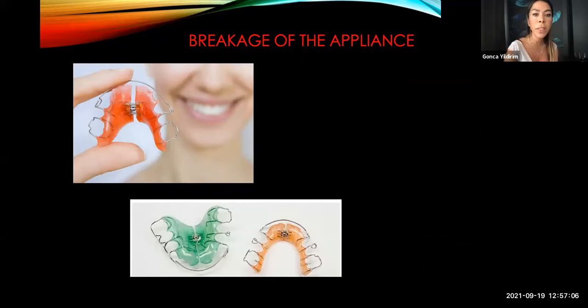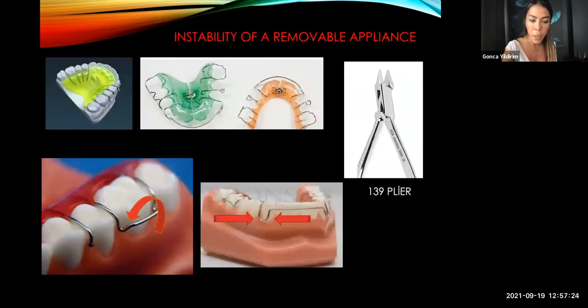And if we see a breakage of the appliance, the patient should not do anything. They may try to use glues to fix the appliance, but they should not. Just stop using the appliance. If the appliance is broken, then go to your orthodontist, we should say. And if we see an instability of a removable appliance, of course, our pliers.